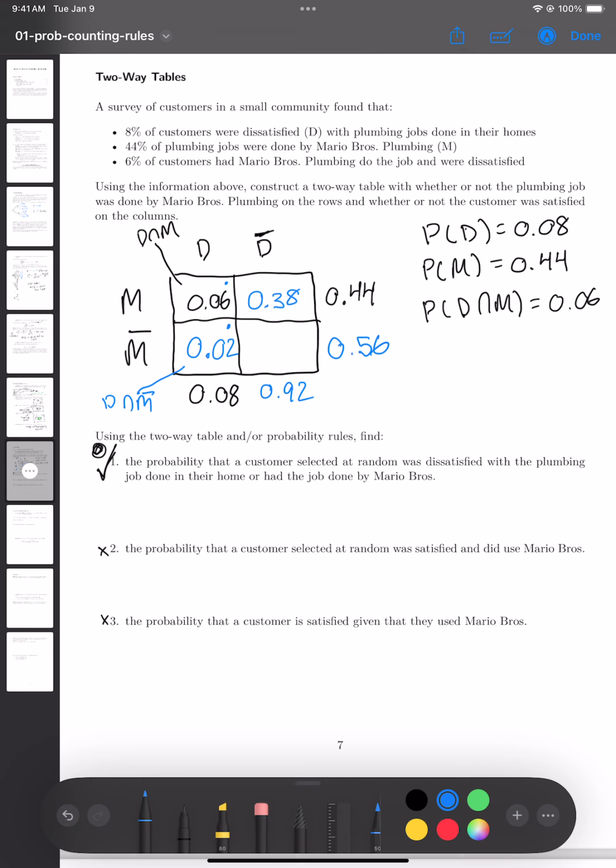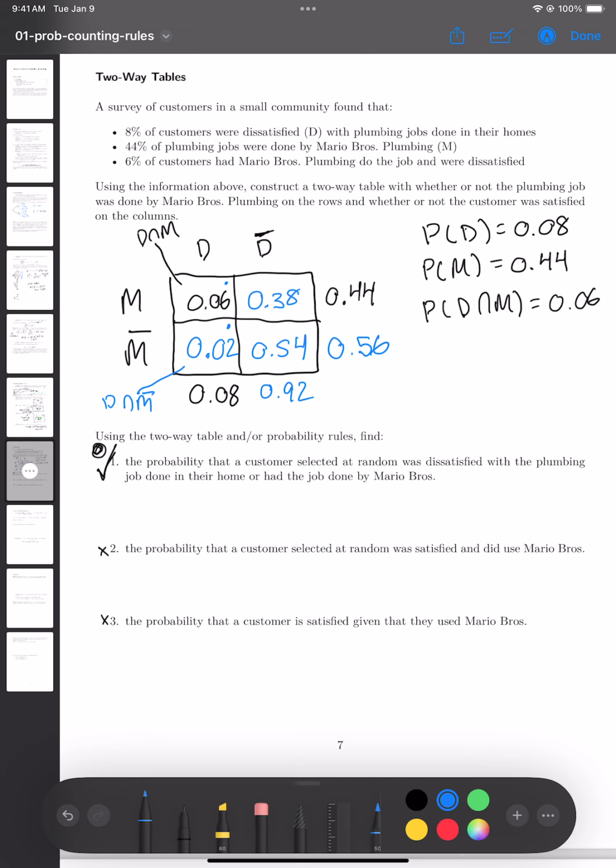The easiest mental math is to do 0.56 minus 0.02, and so that is 0.54. The reason we've done this is that now, especially these bottom two questions that I've put X's on, are so much easier to answer now that we have this two-way table.